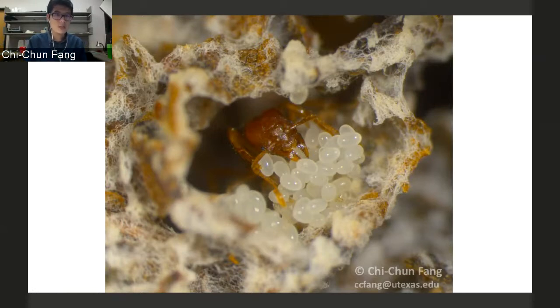Therefore, the queen has to lay some trophic eggs and use those nutrients. Either the workers will use the trophic eggs to feed those babies, or before the first broods of workers come out, the queen will chop off those trophic eggs and feed them to the first broods of babies as a nutrient.